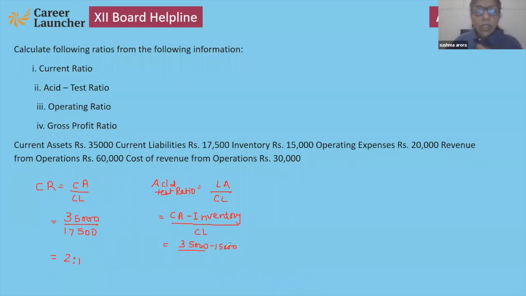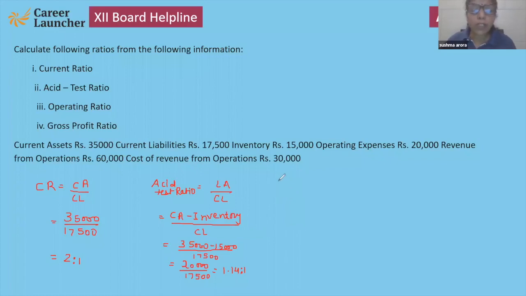Clear, children? Current liability is given 17,500. So you will come to know that 20,000 upon 17,500, your answer will be 1.14:1.